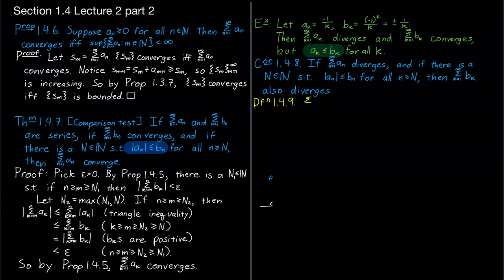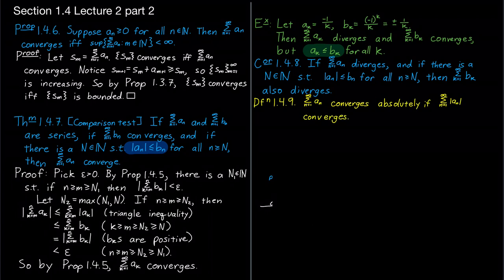So if you've got a series, we say that it converges absolutely if the series of sums of absolute values converges.